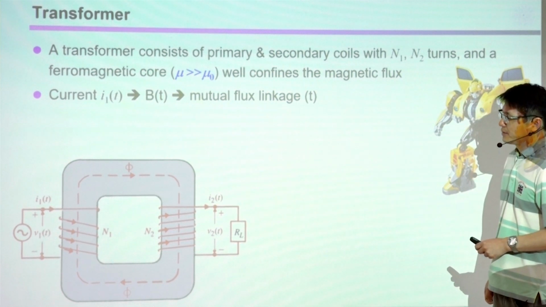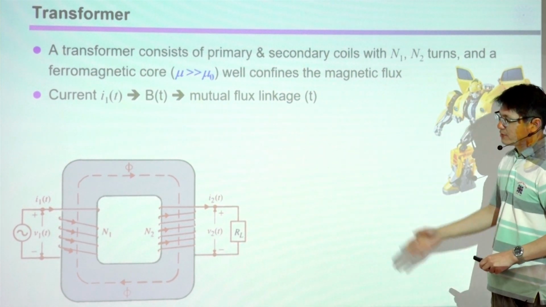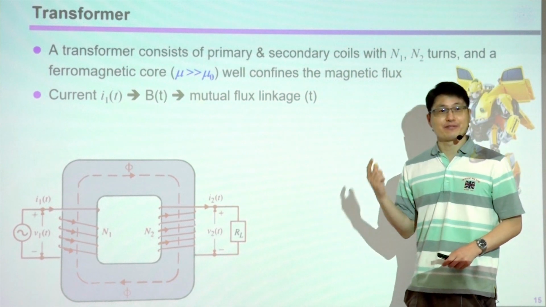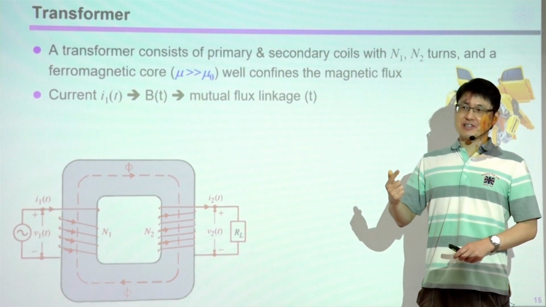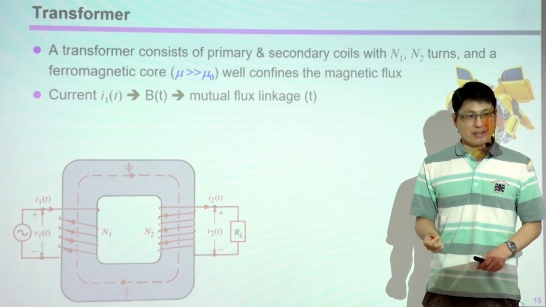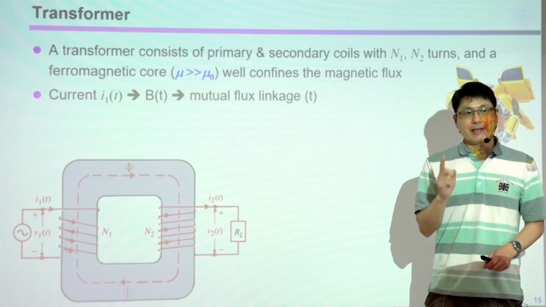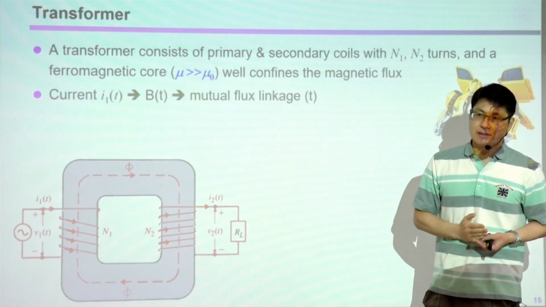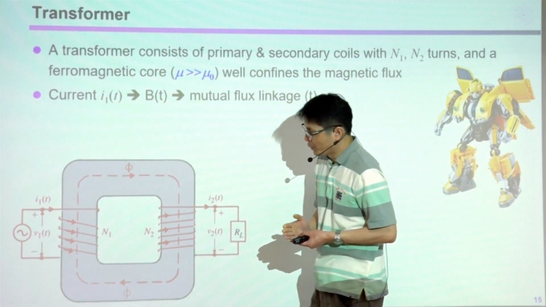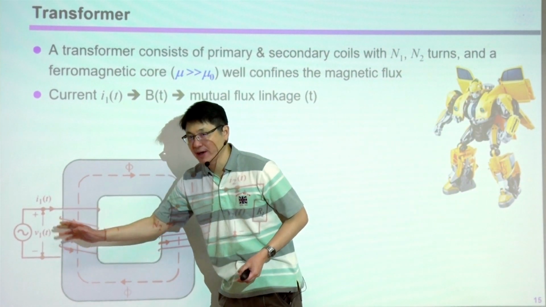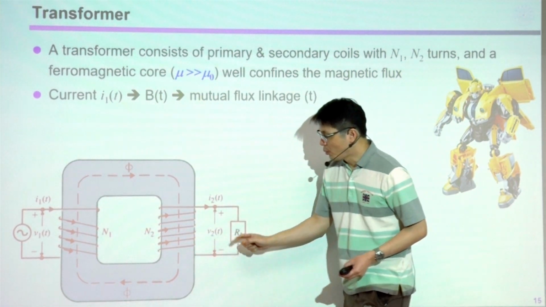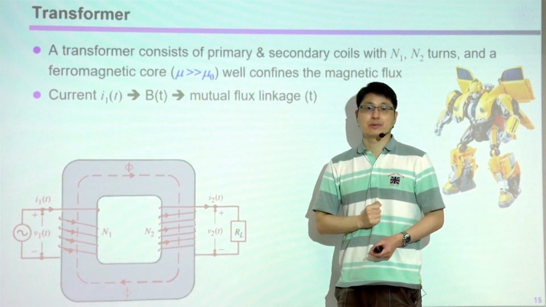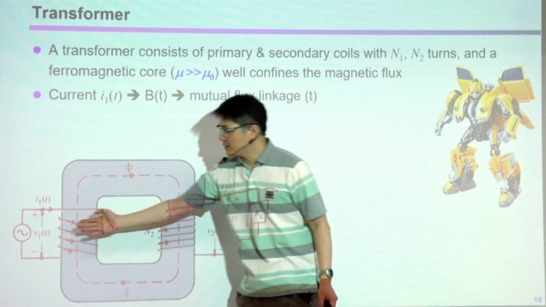Okay, knowing this device, how do we write down the first equation? The first equation is always the most difficult. But in the end, our target is to find the relation between V1, the voltage you apply, and V2.